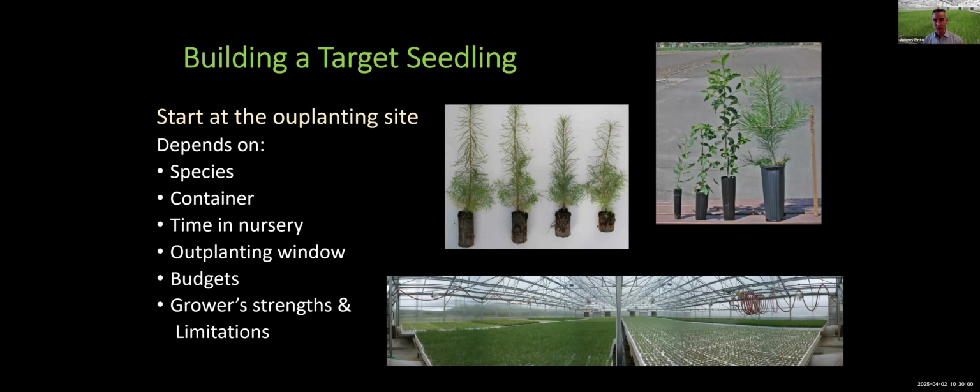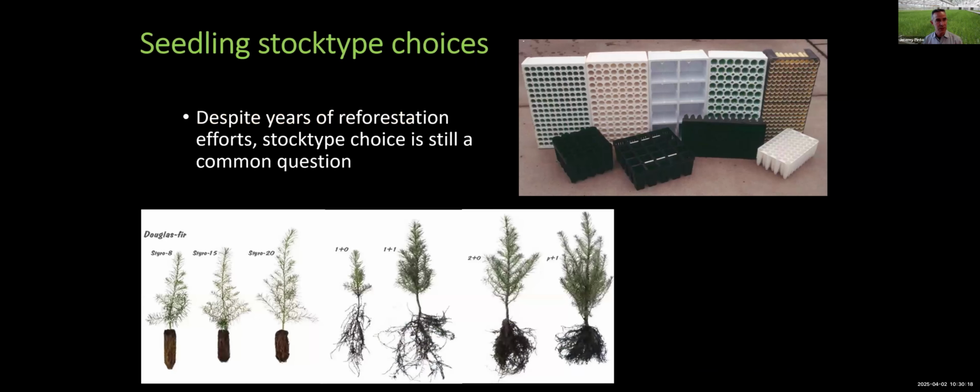Just because we may want something like this gigantic ponderosa pine that you see here doesn't mean that we can produce that in a logical manner with the equipment that's available at the time. So again, communicating what the needs are and realizing what your limitations are to leverage the strengths and resources.